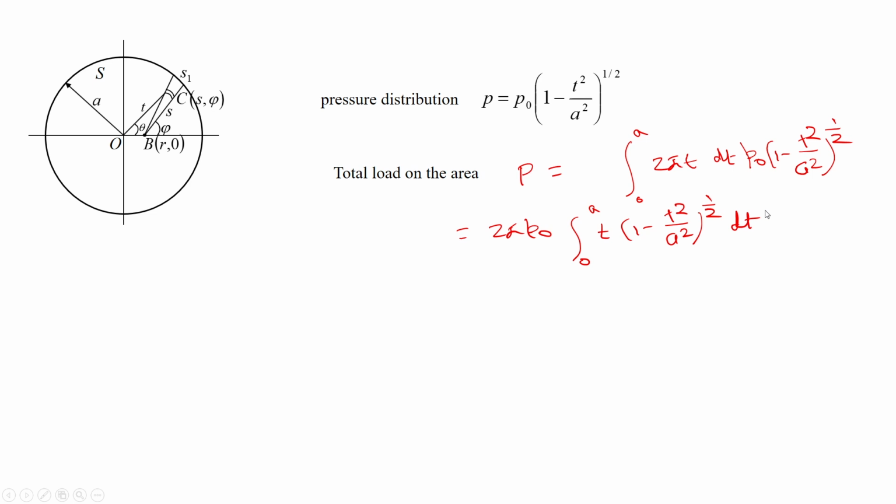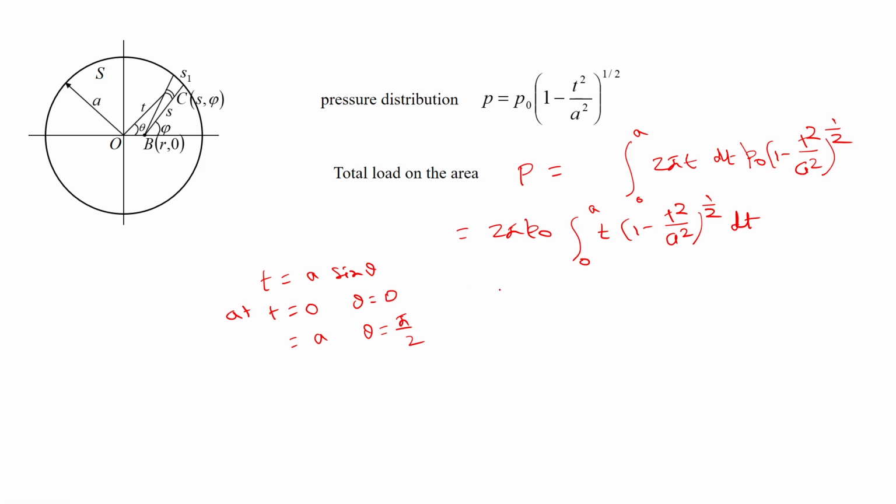So, let us take t is equal to a sin theta. So, that at t equal to 0, theta is equal to 0 here, and at t equal to a, sin theta is equal to 1. So, theta is equal to pi by 2 here.